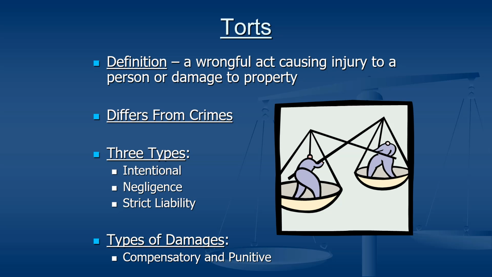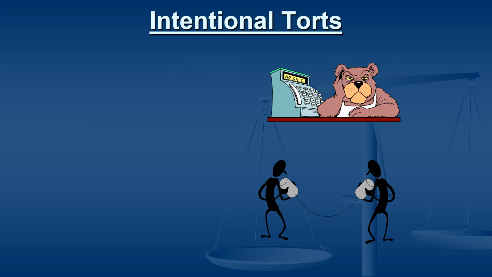They might sue the drug maker for negligence or product liability, and if a jury or judge found that the action by the drug company was so terrible that it needs to be punished, that we need to discourage the drug company and other companies from doing things like that, then they could potentially award punitive damages, which are designed to punish. So first we're going to look at intentional torts.